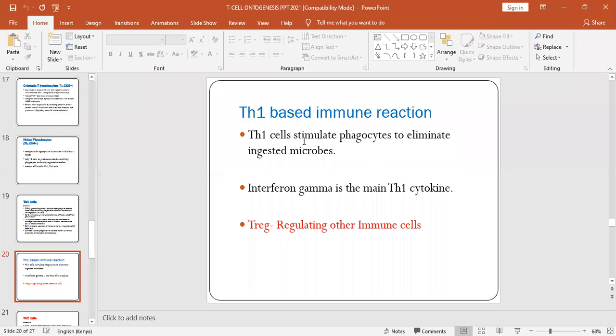Then we have another subpopulation of T cells. You remember when we mentioned that the majority were alpha beta, but we had the gamma delta, the few ones, the 5%. Now the T regulatory cells fall under the few ones, and these are reserved to regulate.